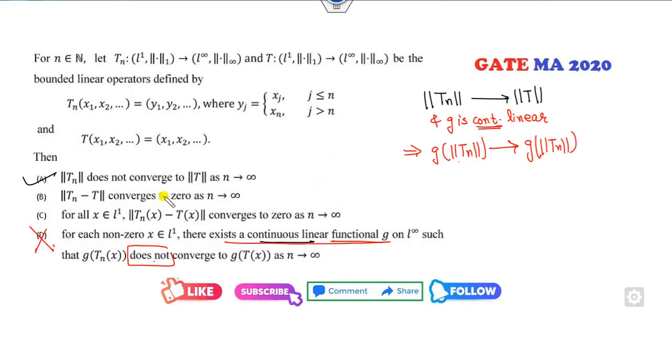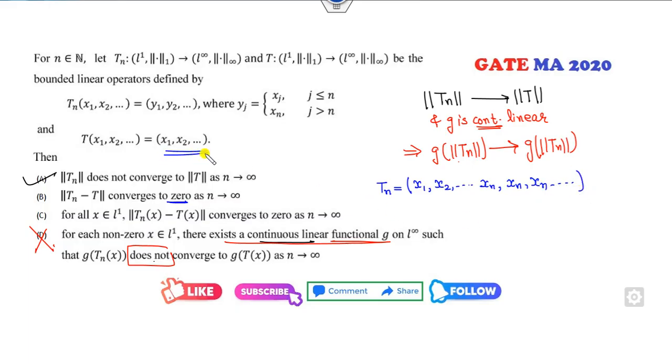Now look over the second and the third. If I disprove one of them, okay, look at that, converges to 0. Tn minus T. So what is the Tn in general? It's x1, x2, then xn, xn, xn, and so on.